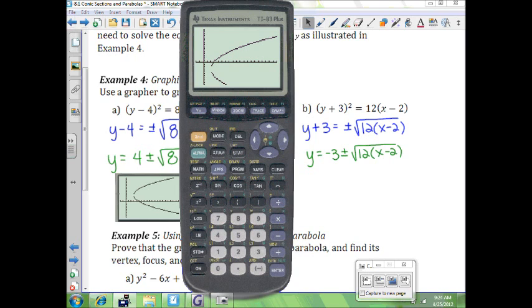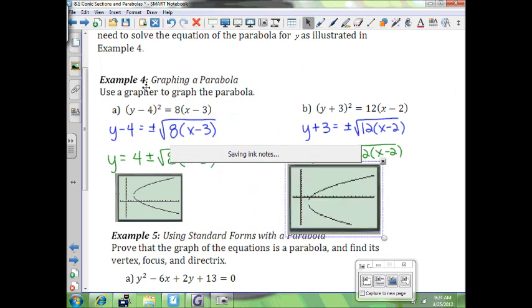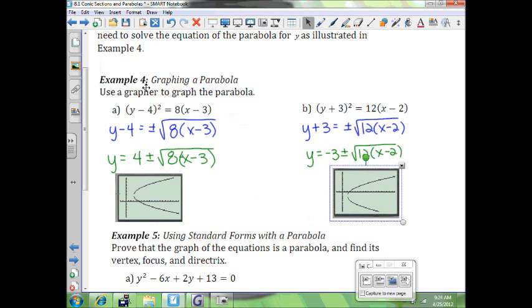Let's actually change the y value here a little bit. There's the top half of our parabola. Here is the bottom half of our parabola. By doing it this way, it actually makes it really, really nice and easy to graph and to check your work on your graphs.